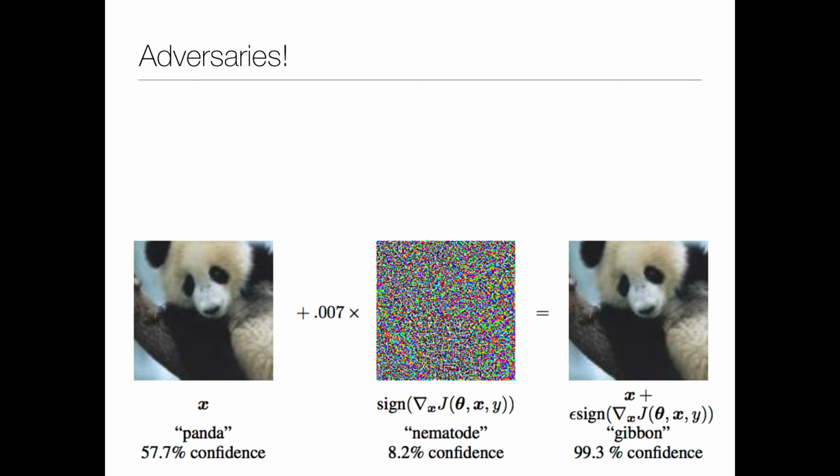So the previous example is known in machine learning as an adversary, where you have an adversary, or think of it in some sense as someone who's trying to fool you. Previously, adversaries were not that sophisticated or not known.